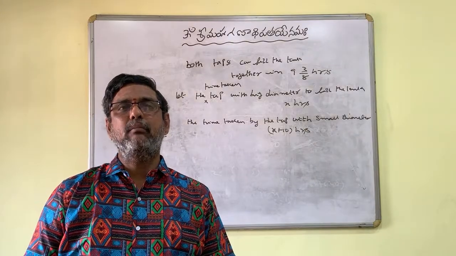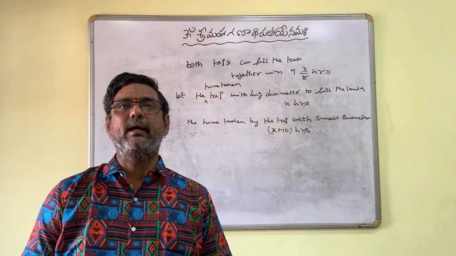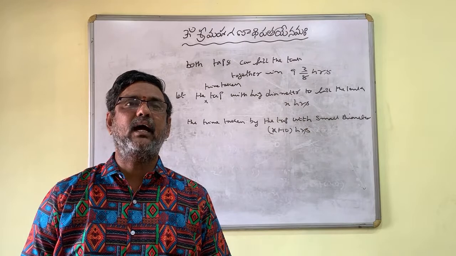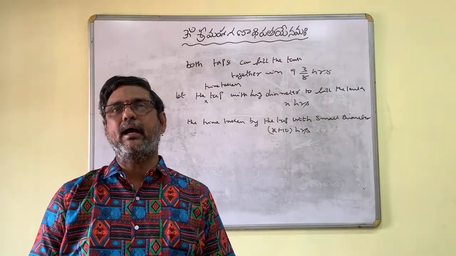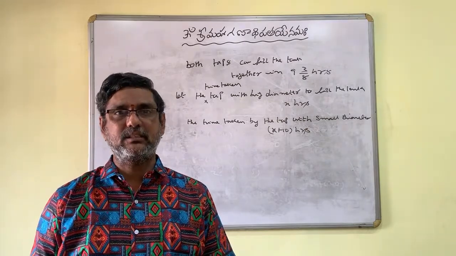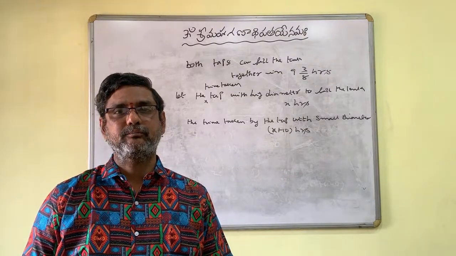Let the time taken by the tap which is having big diameter be x hours, then the time taken by the tap which is having small diameter is x plus 10 hours. Okay, children?